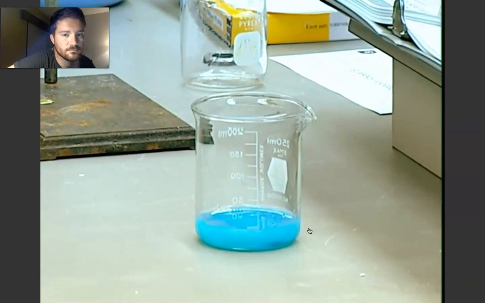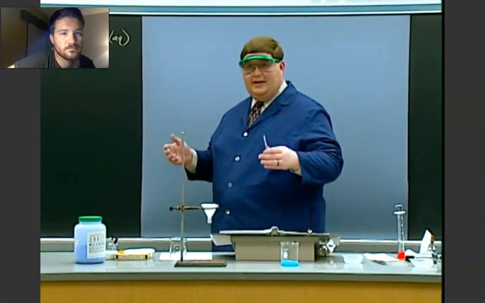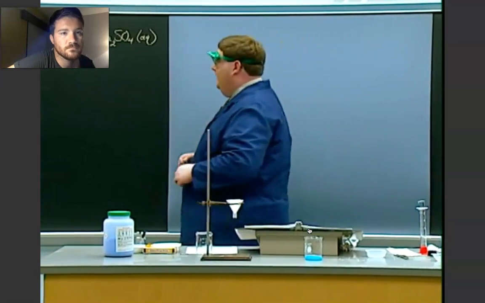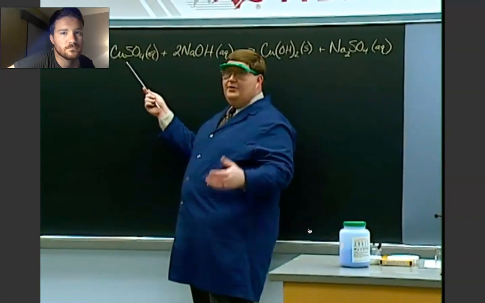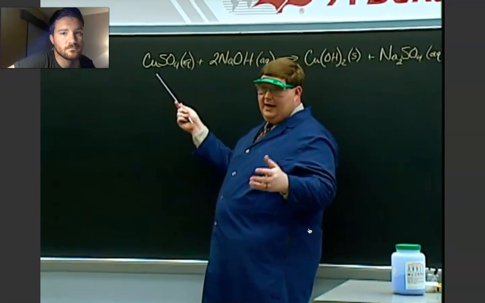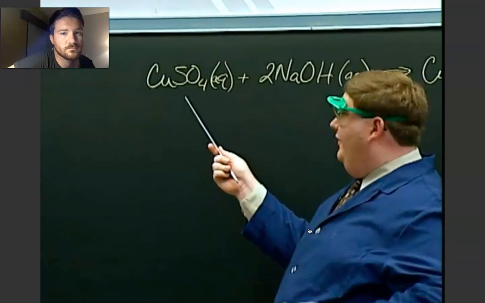Let's take a look at the board for just a moment at exactly what has occurred as far as a chemical equation is concerned. What we've done, we took copper II sulfate pentahydrate to be more exact. That means it has 5 water molecules for every 1 copper sulfate.